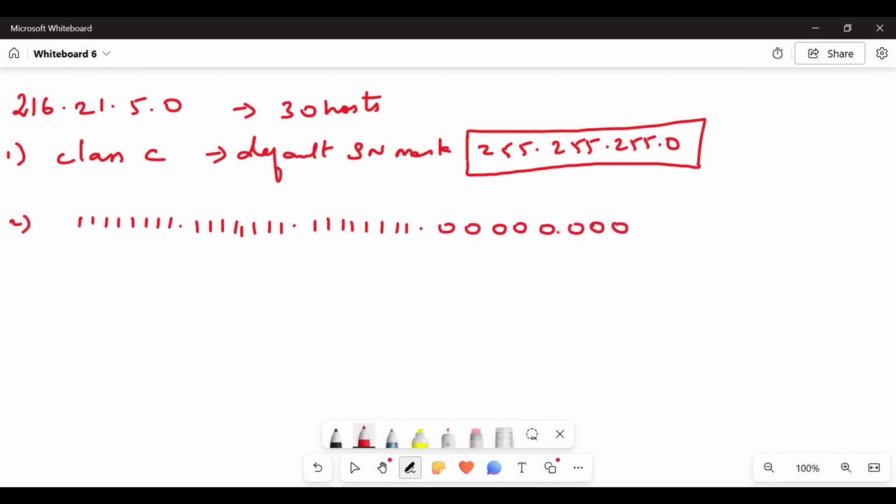So this is the binary format for the given default subnet mask. Now the third step is the number of hosts required per subnet, which is 30. So we need to find the binary value for this 30. What is the value?